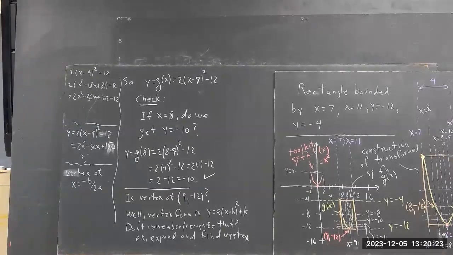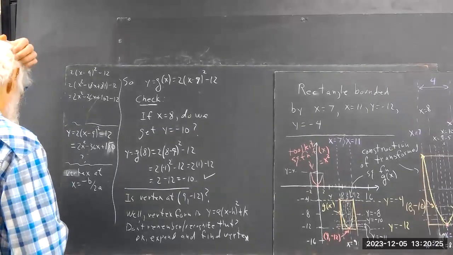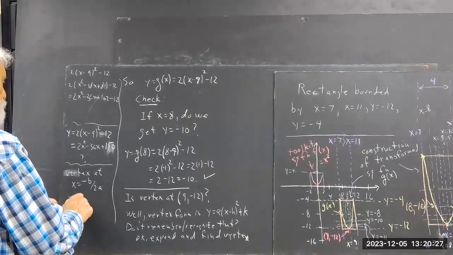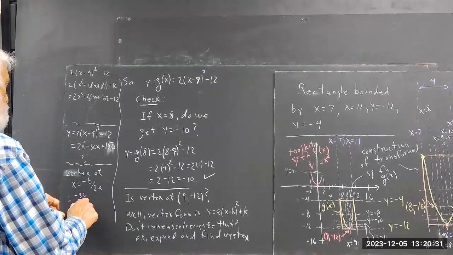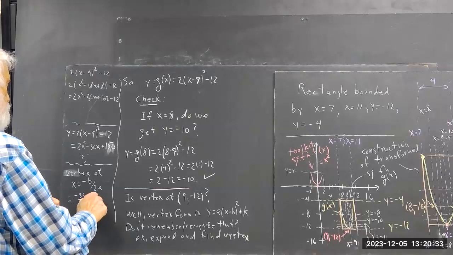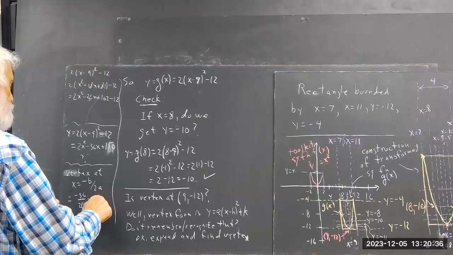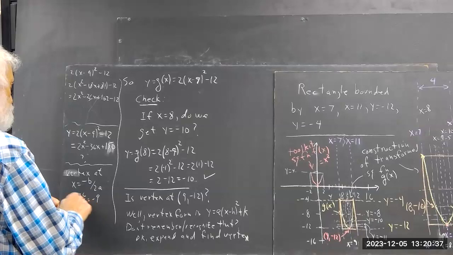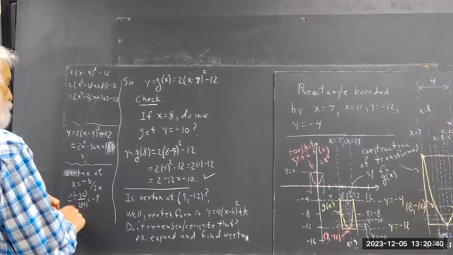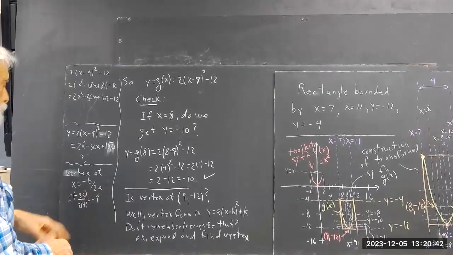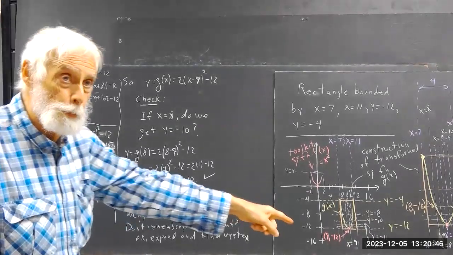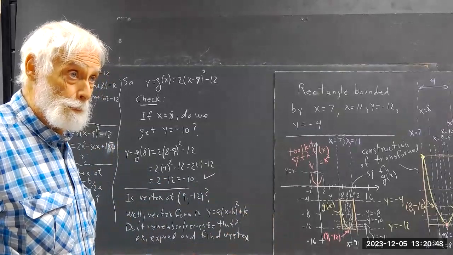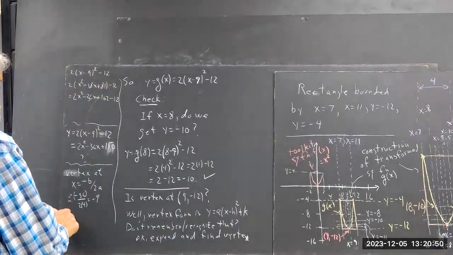Well, that equals negative of negative 36 over 2 times 4. That comes out to 9. And that is, of course, where the vertex should be. The y coordinate.